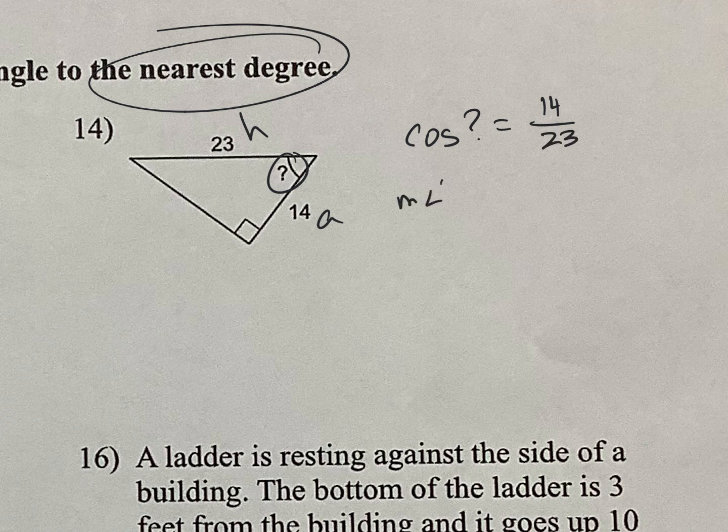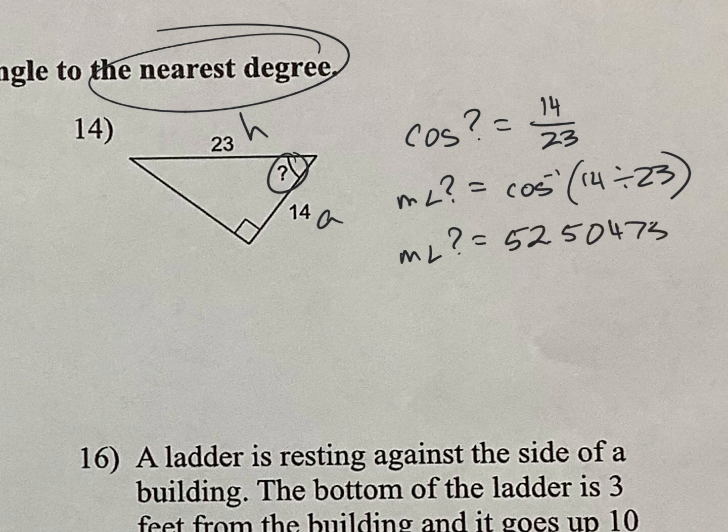So the measure of the angle is equal to the arc cosine of 14 divided by 23. And so we get 52.50475. And we went to the nearest degree, so that's going to be 53 degrees.